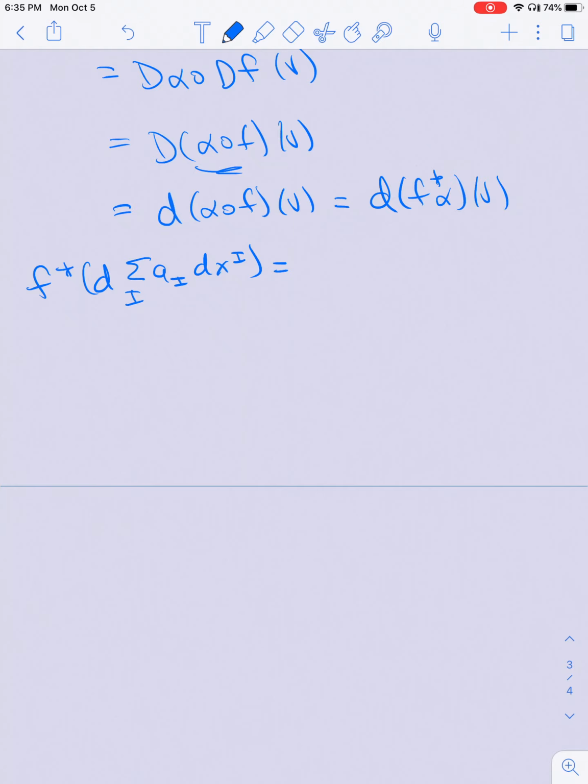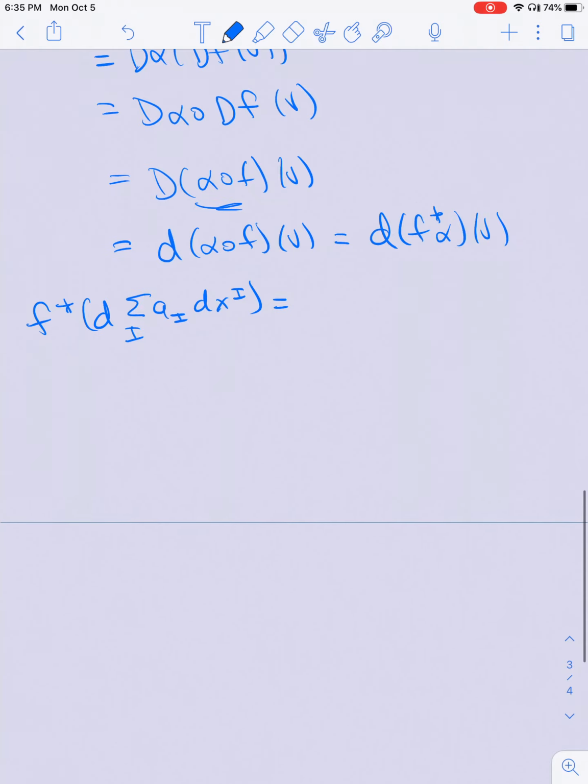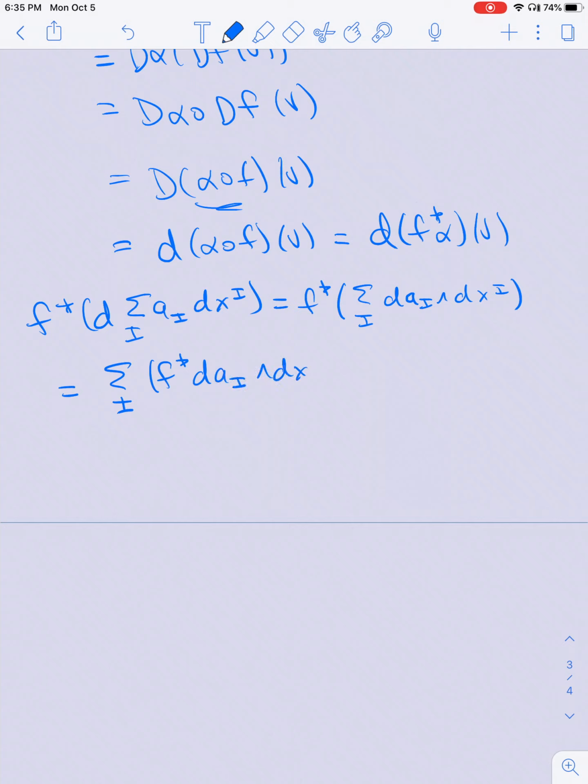So let's first compute f pullback of d of sum over I, a_I dx_I. Because of the first property, pullback being linear, I can put the f pullback inside the sum. And because of the second property, I can compute f pullback of each term in the wedge product separately.